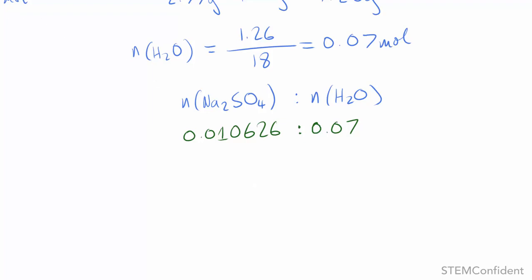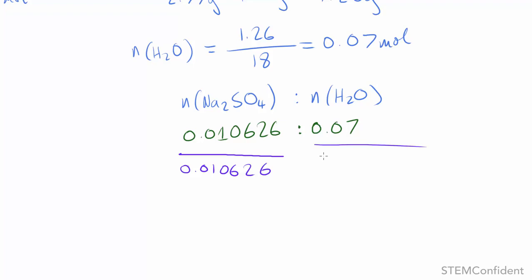So the most straightforward way of doing that is dividing it by itself, right? So divide that by 0.010626. Now, because we've done that to the left-hand side, because it's a ratio, we need to do that to the right-hand side as well.